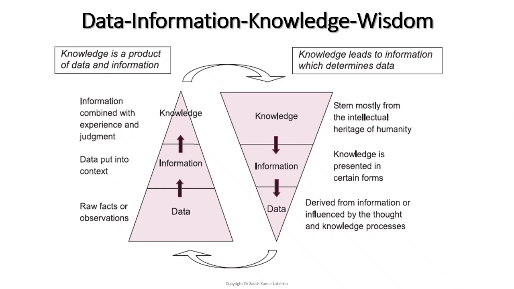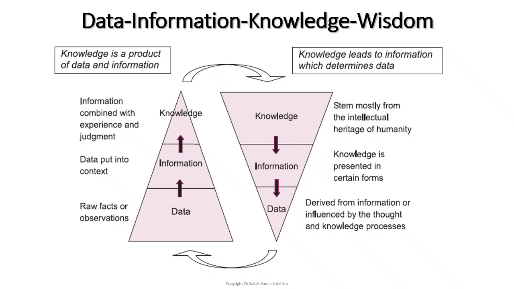This is known as the knowledge. Knowledge is presented in different forms. Knowledge can further be converted into information, and out of the information we can derive some meaningful insights, or we can get some data.